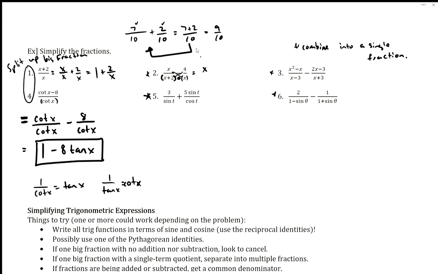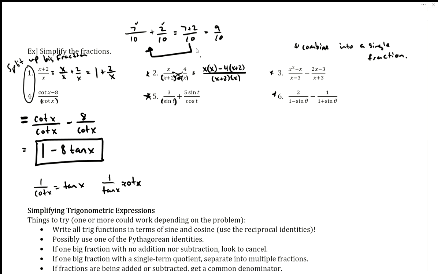So we would have x times x minus 4 times x plus 2. And then the bottom, the big times, would be x plus 2 times x. So that's a way to get a common denominator quickly. So let's try that with number 5. And then number 2, we would continue simplifying, but let's do it on our trig stuff. I just wanted to show the first step.